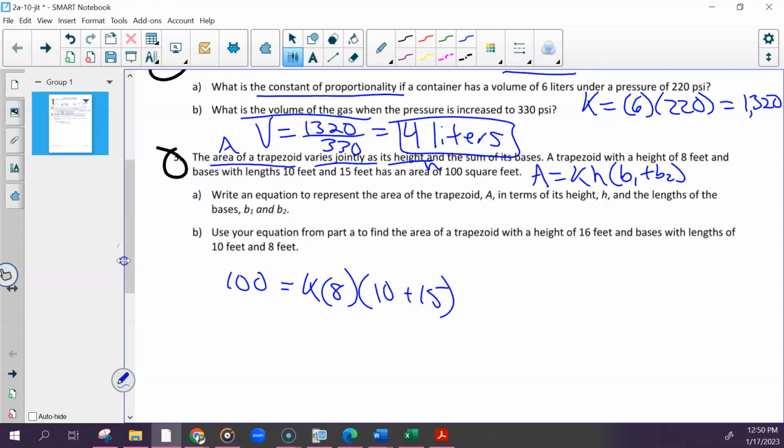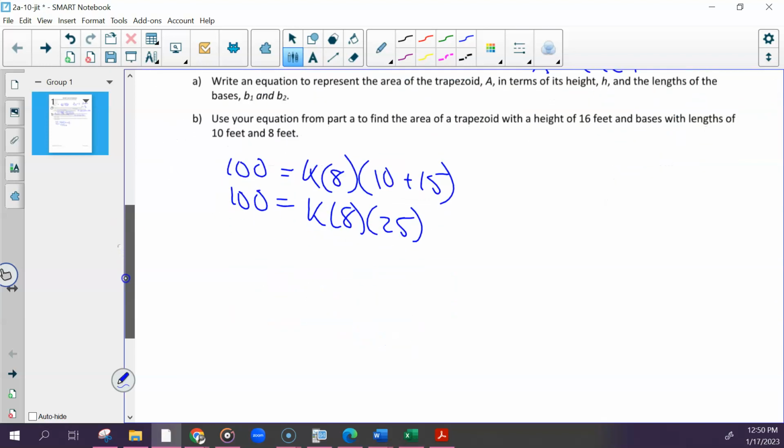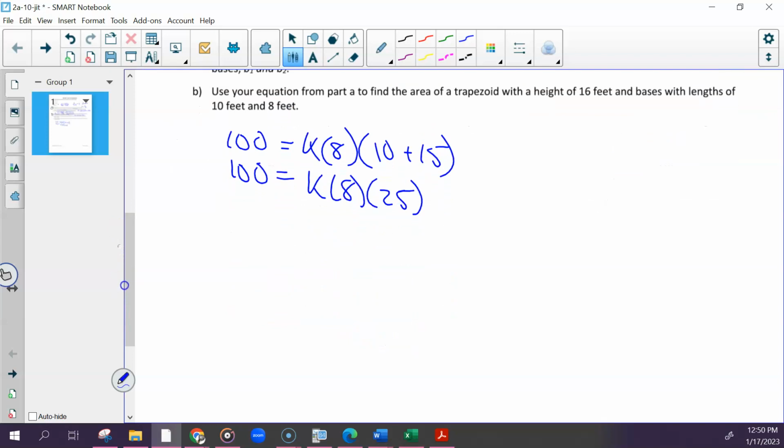And we can use those numbers to find our K value. So if we multiply 8 and 25, we would get 200. Divide both sides by 200, and we get 1/2 or 0.5.